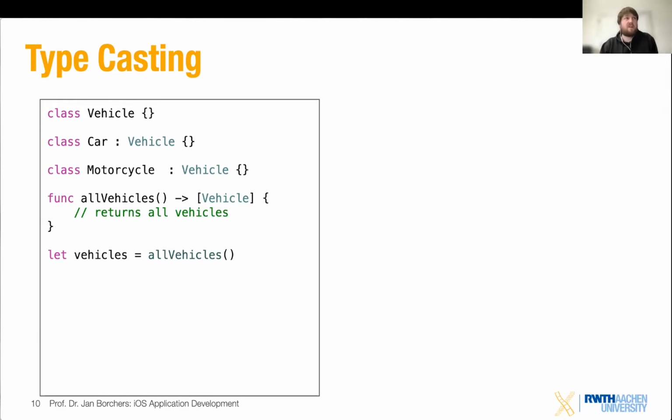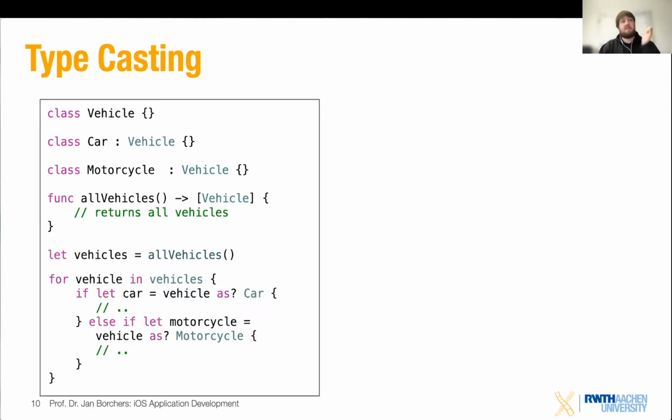Could be cars in there, can be motorcycles in there. It will always be a vehicle. So now if I want to work with that, if I want to go through that array, and if it's a car, I want to do one thing. If it's a motorcycle, I want to do another thing. I need to be able to check what type is that vehicle that I'm currently using.